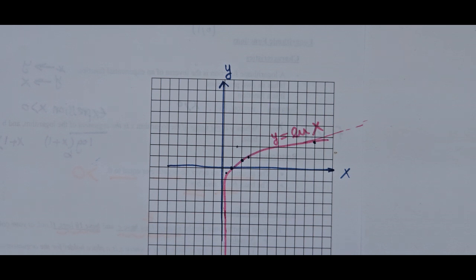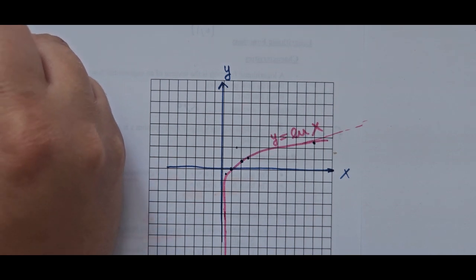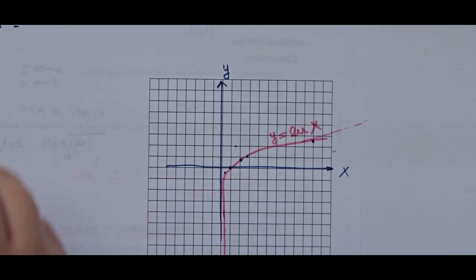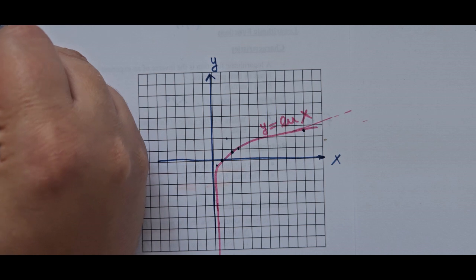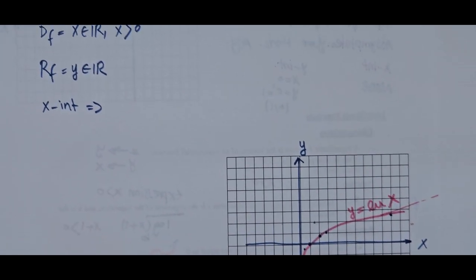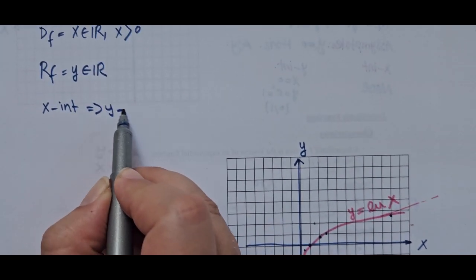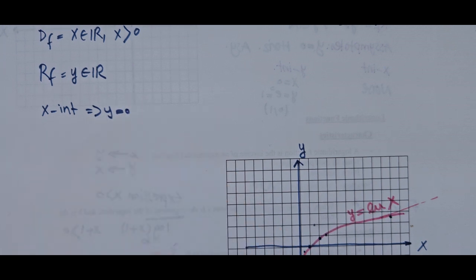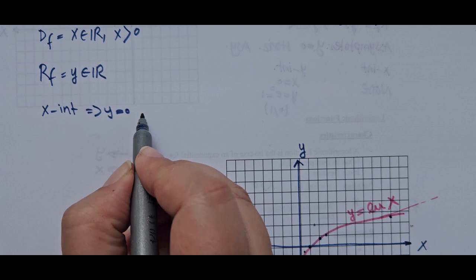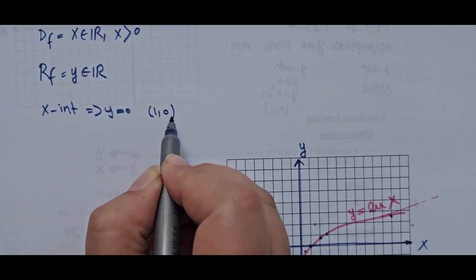The next one is your x-intercept. When we're talking about the x-intercept, y must be equal to 0. So the x-intercept is exactly here, at (1, 0).